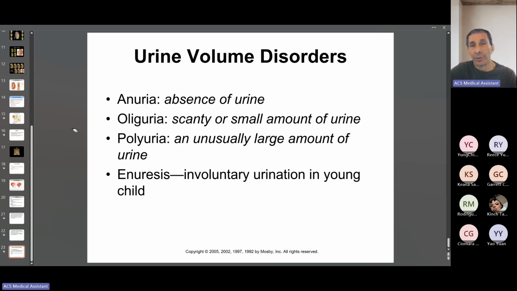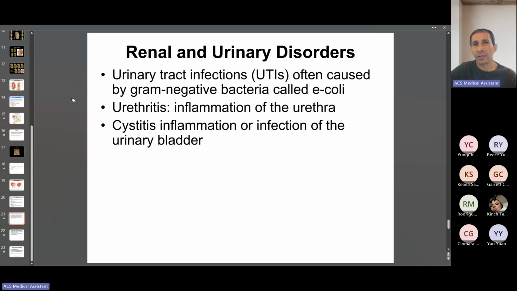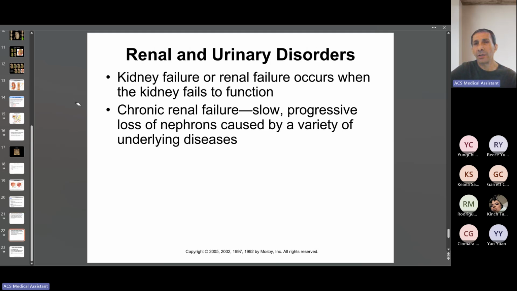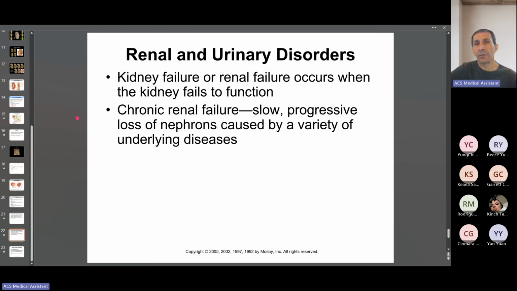Okay, so any questions? We can have kidney failure, remember? The kidney fails. Oh, how we didn't see that? Urinary infection, kidney failure. We almost forgot this. Remember, kidney failure: the kidneys fail to filter the blood, make urine, remove the waste, and remove the excess fluids.